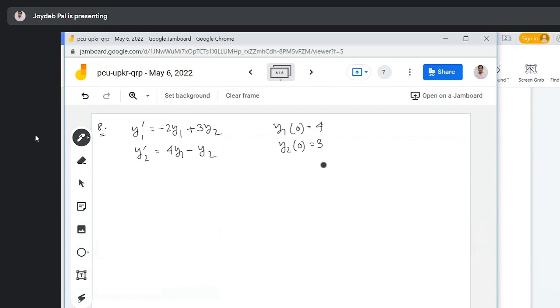Okay, so we have to solve this by Laplace transform.